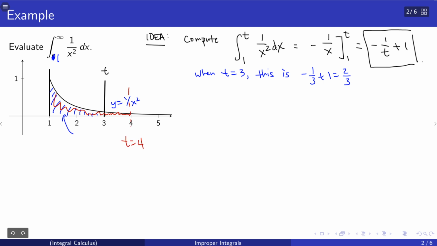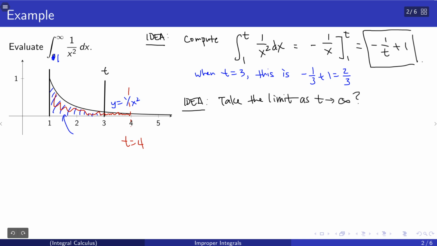So another idea is maybe we can take the limit as t goes to infinity. We have a general formula now. If I plug in t equals 1,000,000, it's going to give me the area under the curve from 1 to 1,000,000.